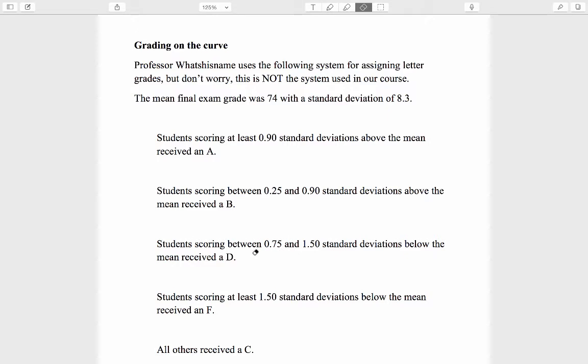In this particular example, students scoring at least 0.9 standard deviations above the mean received an A. Students scoring between 0.25 and 0.9 standard deviations above the mean received a B. Students scoring between 0.75 and 1.5 standard deviations below the mean received a D. And students scoring at least 1.5 standard deviations below the mean received an F. All others received a C. This is one way of defining what the grade distribution will be in a course.